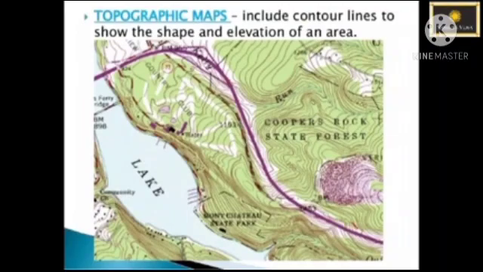To explain it with an example, a topo sheet shows details about landforms, drainage patterns, land use, settlement patterns, transport, forest and cultural features. Let us learn how topographical maps are made. Now, let us move to the next one.